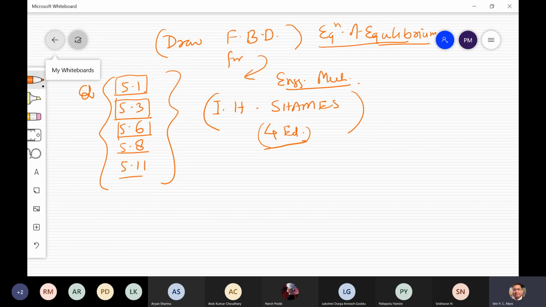Okay, these questions are some real practical, real engineering problems, just like a box type structure, a tractor trolley, a boat, a plier, and a cutting plier also.